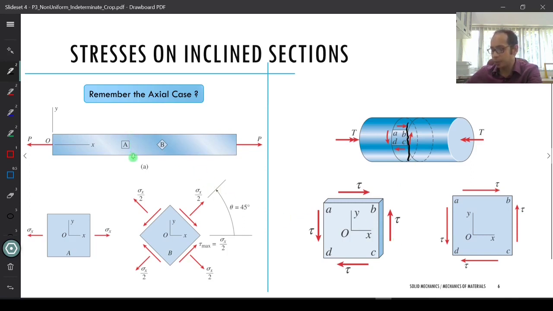Here when we took a perpendicular element, it was just the sigma x because of this P. Here, because of the applied torque, all these rectangular elements on the surface of my member are in a case of pure shear. If I take any element whose face is perpendicular to the longitudinal axis, I am going to get this tau over here. This is in 3D and this is in 2D. So the 3D diagram, if you have taken a small chunk over there, and this is 2D.